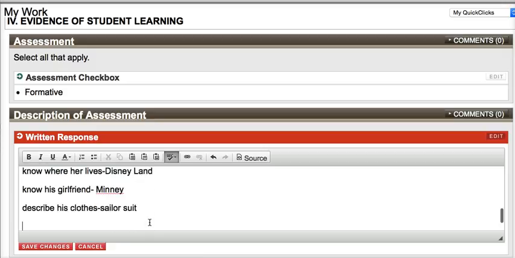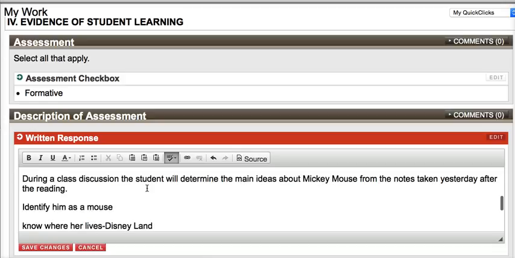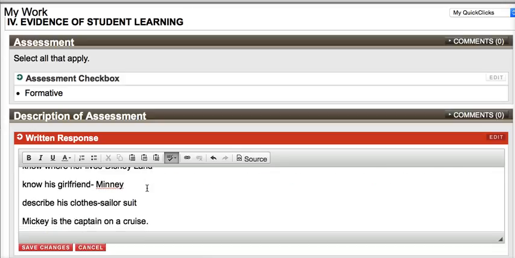And what's important about this is because he is the captain. The context is Mickey is the captain on a cruise ship. Okay, so this is the evidence that they're going to be able to identify.